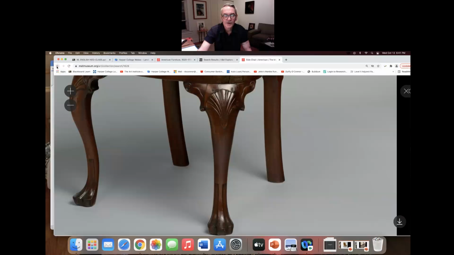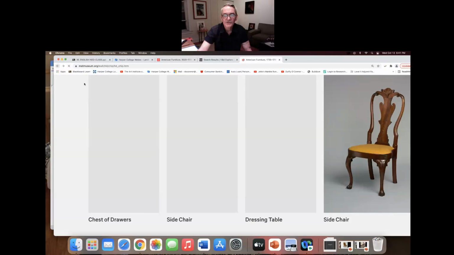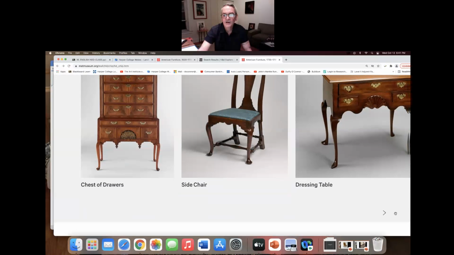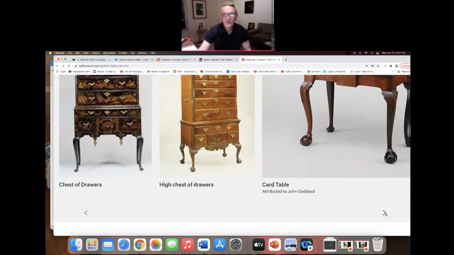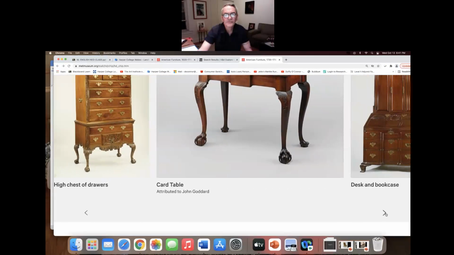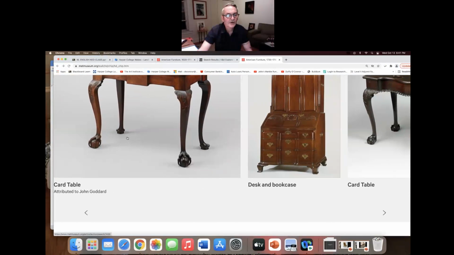You see the ball and claw, which is kind of a Chinese influence on it. All right, let's move on. There's a nice ball and claw.